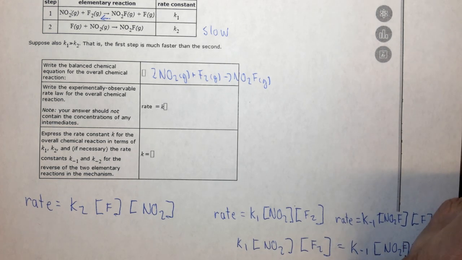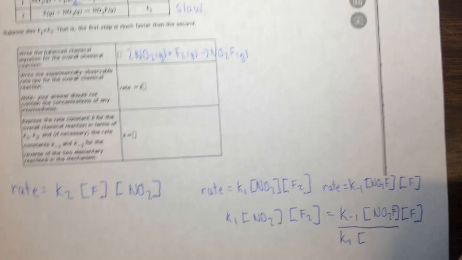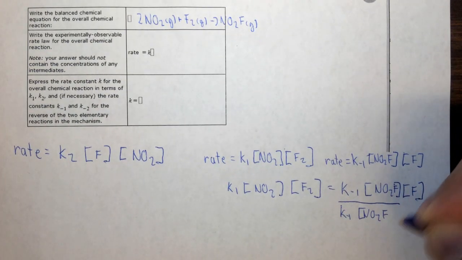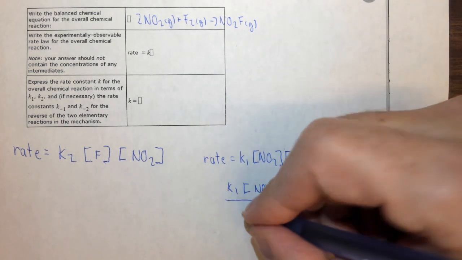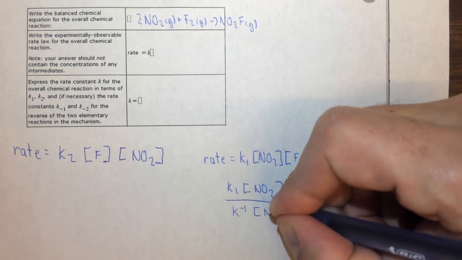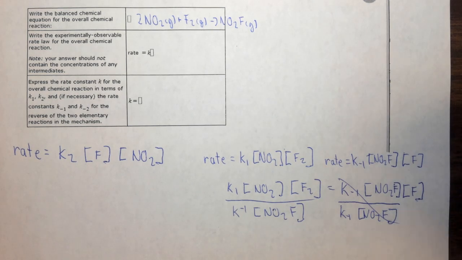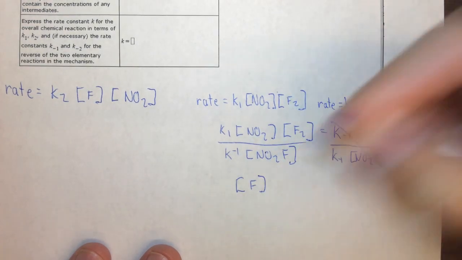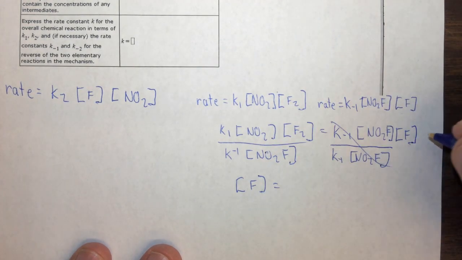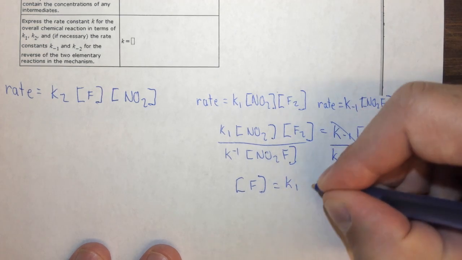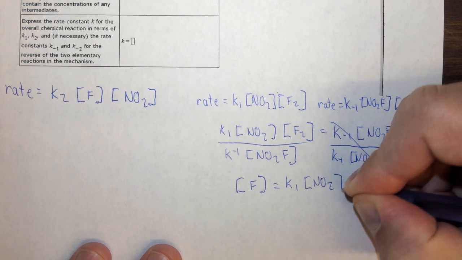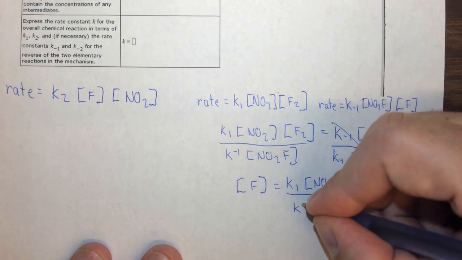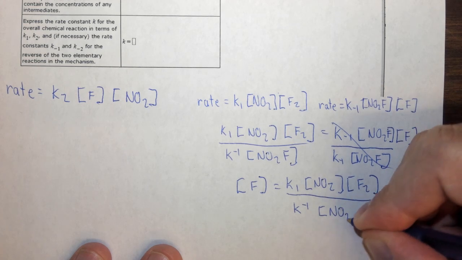Divide by k minus 1 times the concentration of NO2F. It cancels out on this side, and we divide this by k minus 1 times the concentration of NO2F. What we find is the concentration of F is equal to k1 times concentration NO2 times concentration F2, over k minus 1 times concentration NO2F.